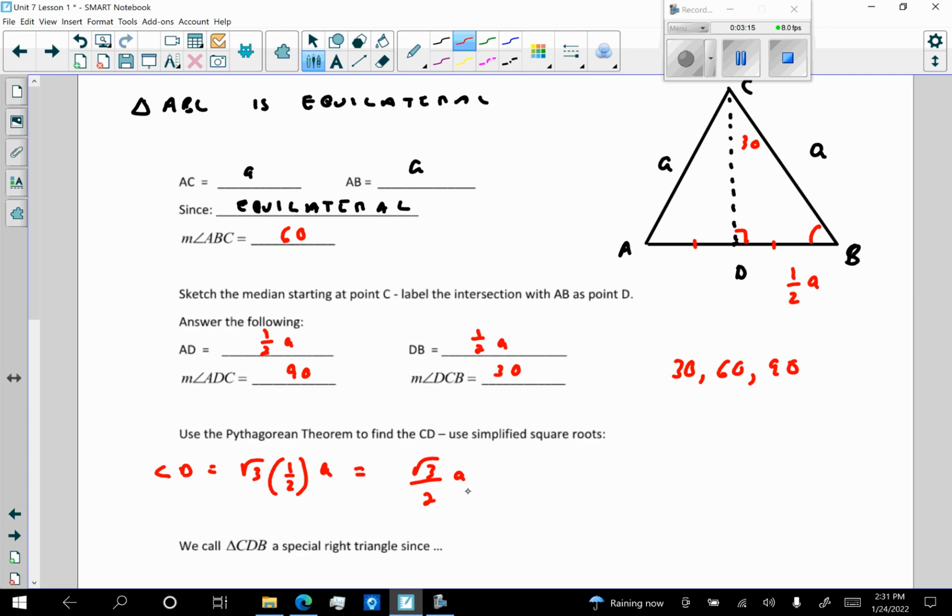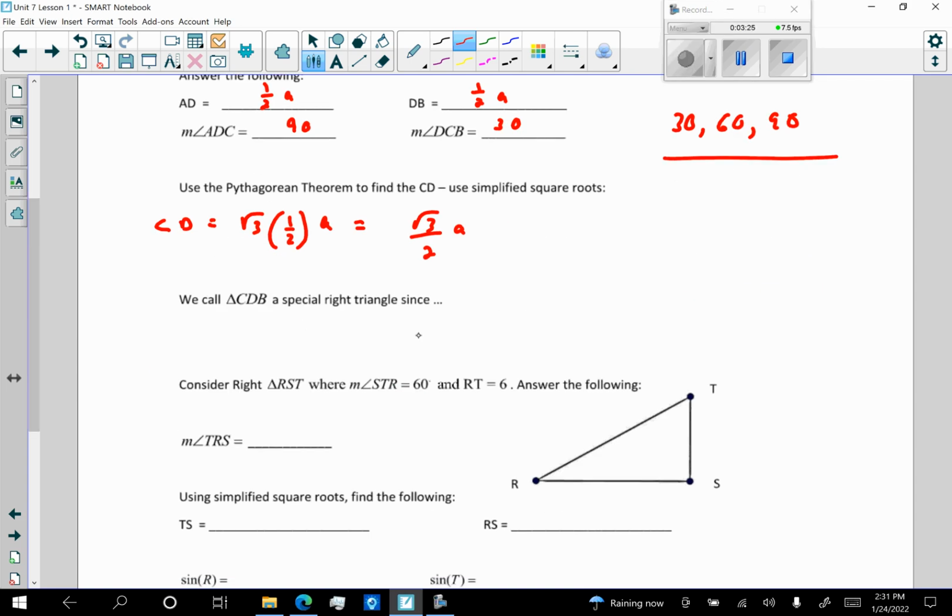We could check that with the Pythagorean theorem, but let's just use the property of the 30, 60, 90 right triangle. This is called a special right triangle.